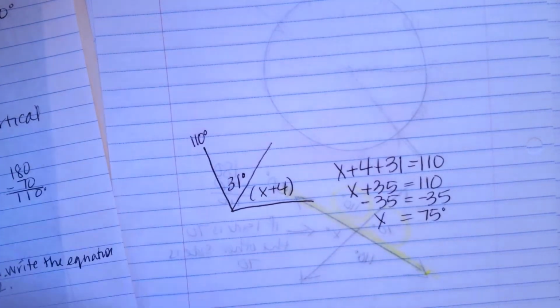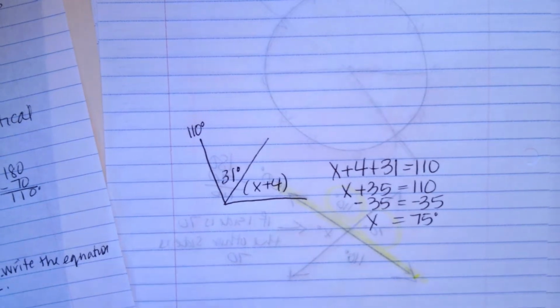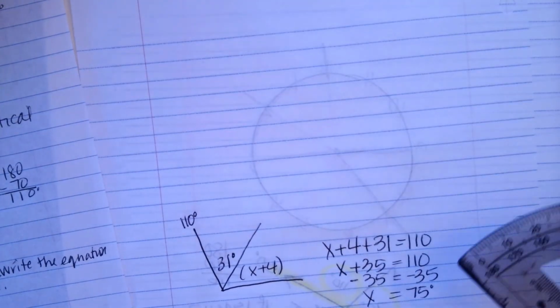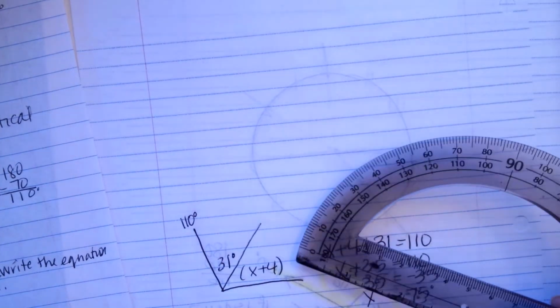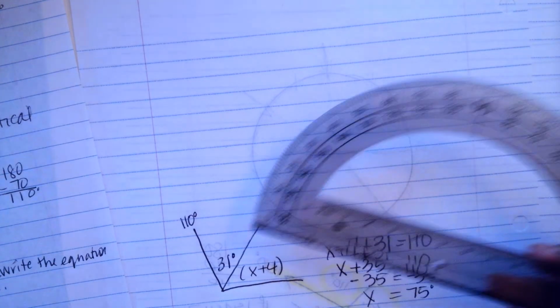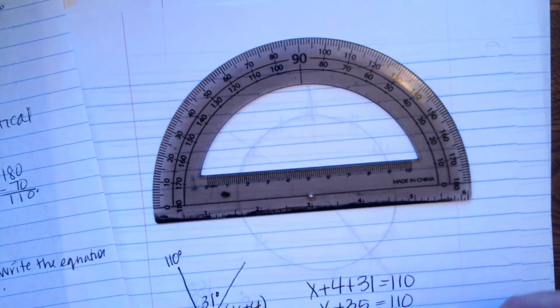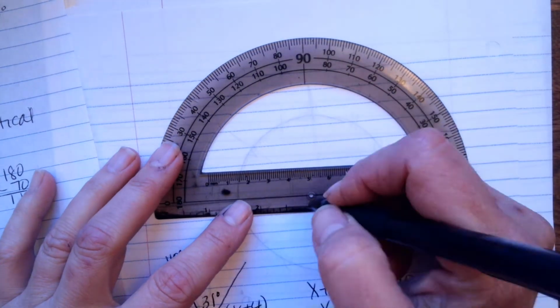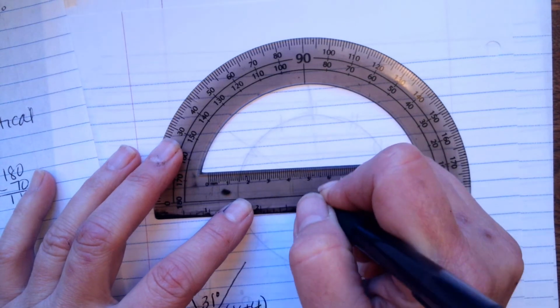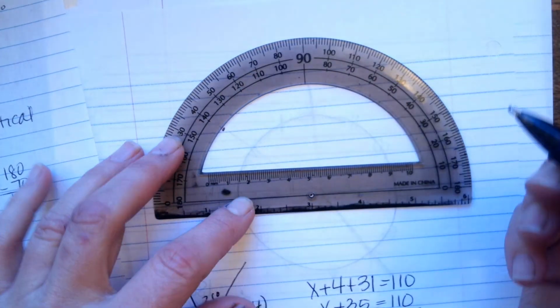If you are drawing an angle, so suppose they want you to draw a 40-degree angle. You are going to line up your protractor. You're going to make a dot right here. You're going to make a dot right here.